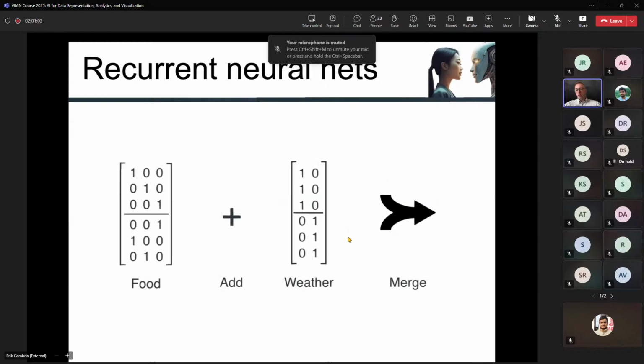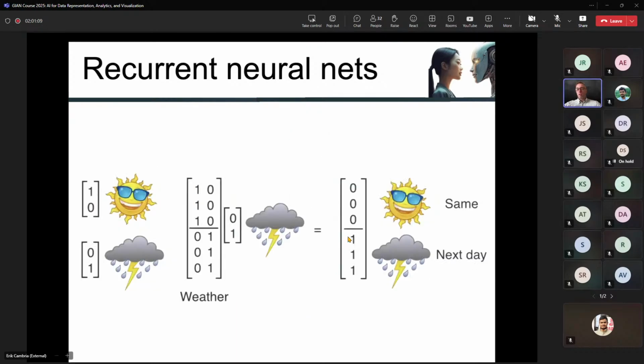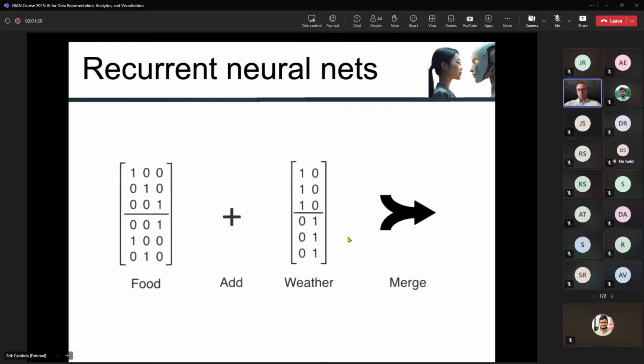And then I have to model also the weather. I do something similar so that I know how to model the sequence of weather that converts from sunny to rainy and vice versa.